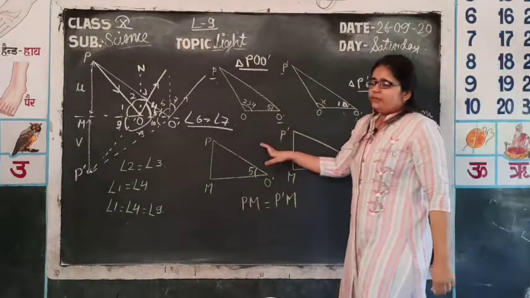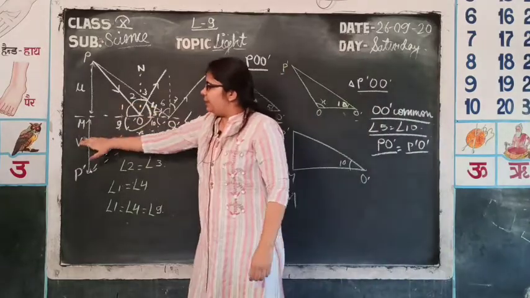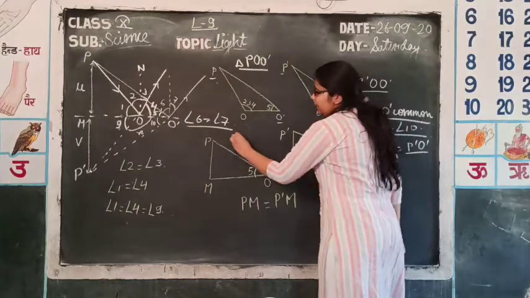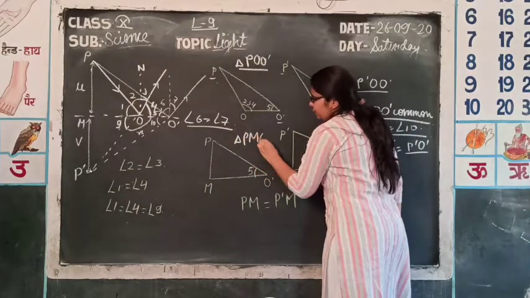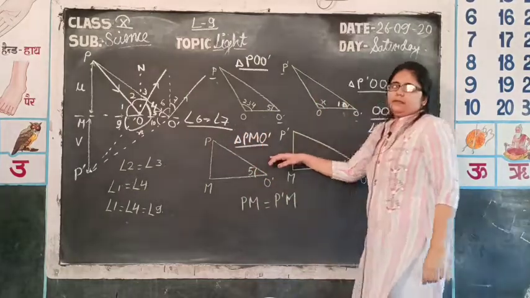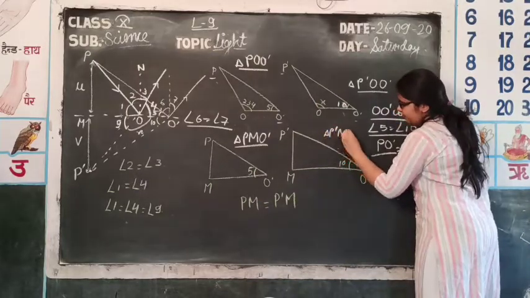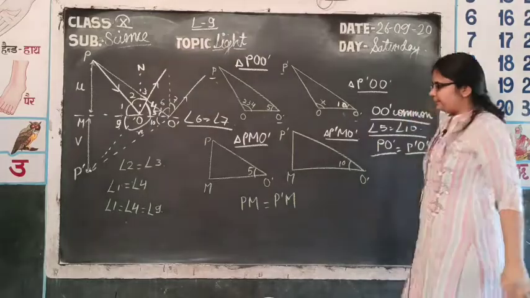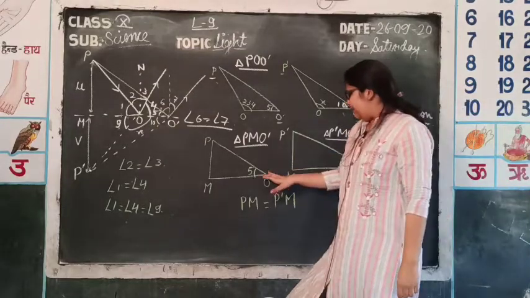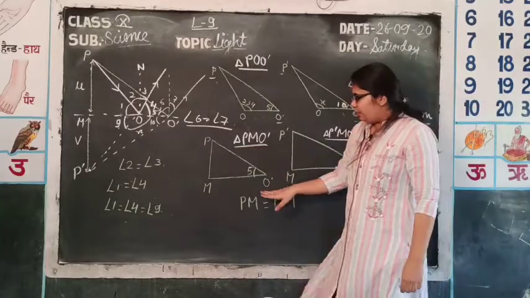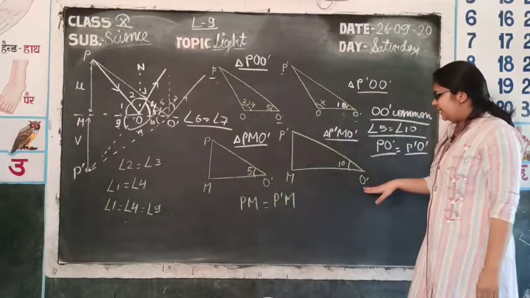Now, for proving that u is equal to v, we will take another triangle, that is triangle PMO dash, which is to be compared with triangle P dash MO dash. So, angle 5 is equal to angle 10 and PO dash is equal to P dash O dash.